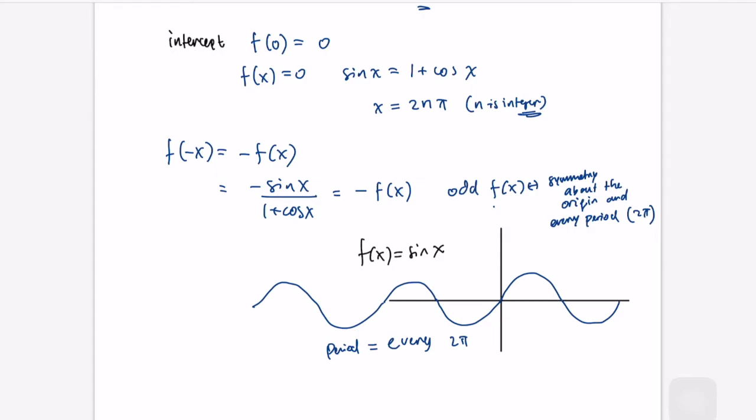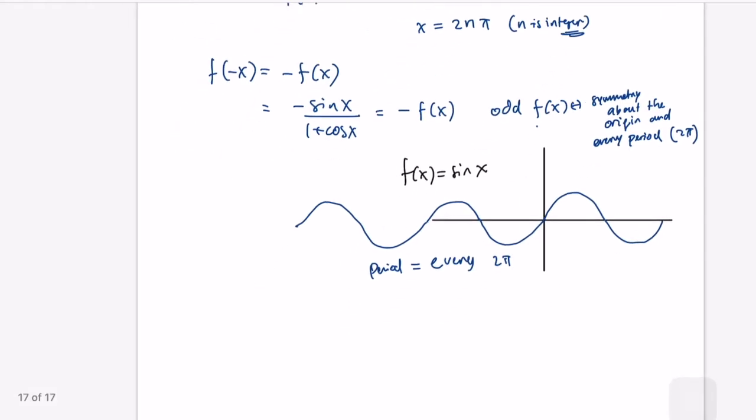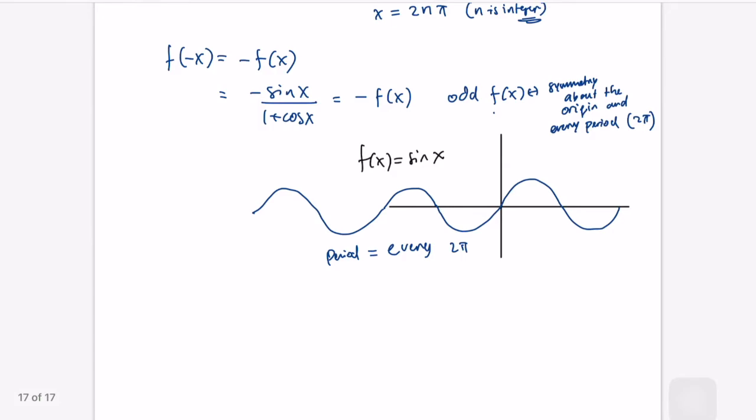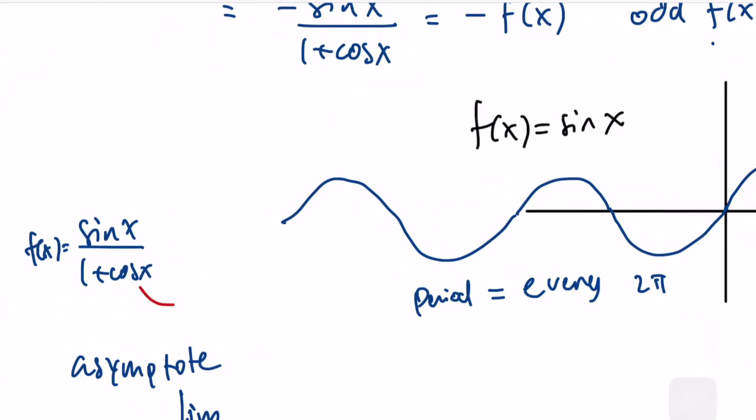Okay, now we are going to check another possibility, if there is any asymptote. If we check the limit, if we have sine x over 1 plus cos x, we will have some certain line that will not cross.